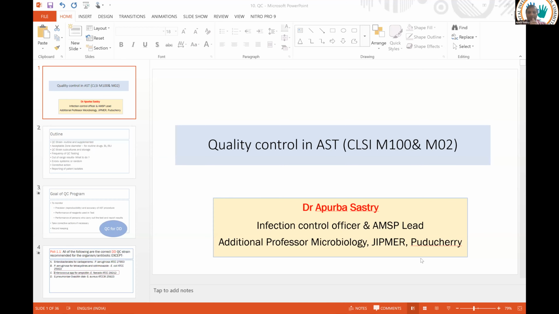Okay, so let us start today's session. The first session we are going to discuss is quality control in antimicrobial susceptibility testing.